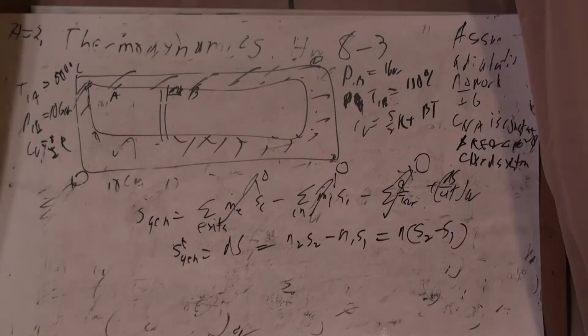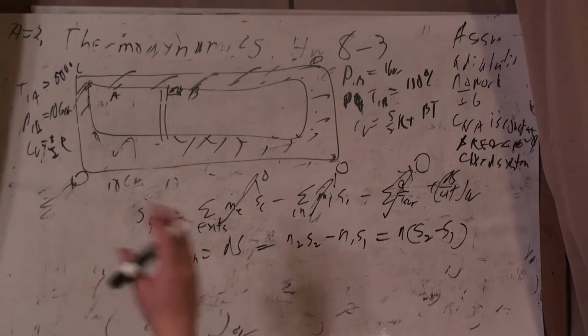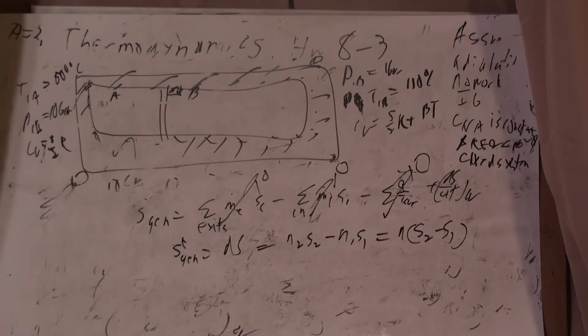I'm thinking now we do have to address this as separate systems, unfortunately. Because we don't know how the pressure's really changing. We don't really have an initial pressure associated with this. So really we do want to approach this as separate systems with work and heat.